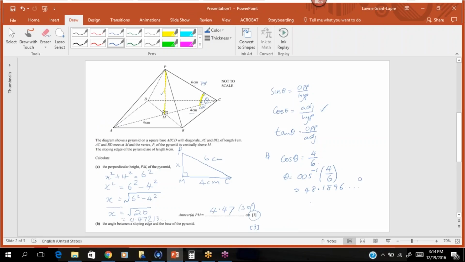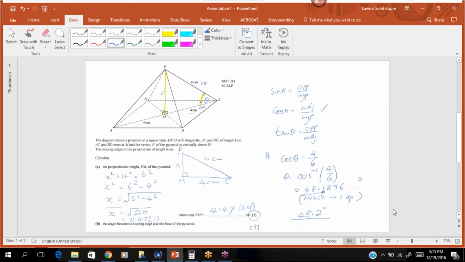Now, because this is an angle, the instruction, if you remember, is that the angle needs to be shown to 1 decimal place. Always keep in mind it is an angle. This is where a lot of people make an error. So we want 1 decimal place, and we need that 1, but it will be rounded up to a 2 because of the 8. So in the answer, we will write 48.2 degrees.